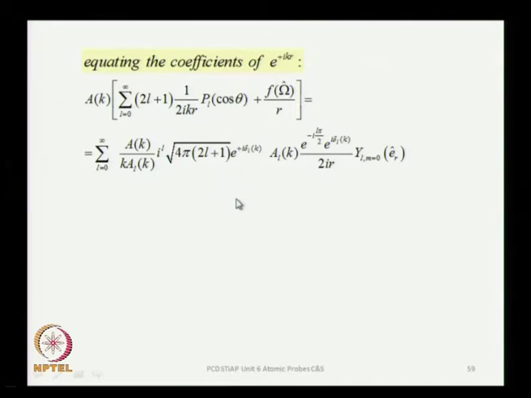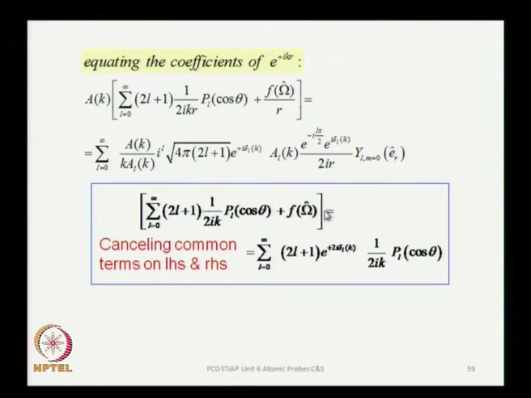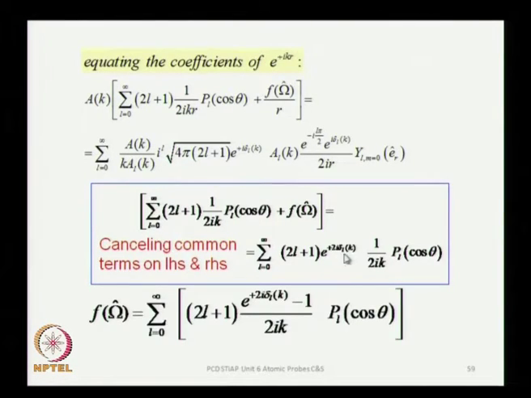Once you equate them, cancel common terms and simplify, you essentially get the Faxen-Holtsmark scattering amplitude, because you have the scattering amplitude over here, you move this term to the right and you get this e to the 2i delta_l minus 1 over 2ik, which is the scattering amplitude, okay.